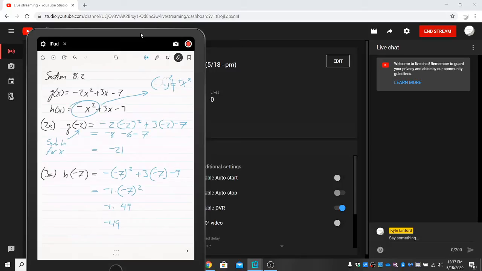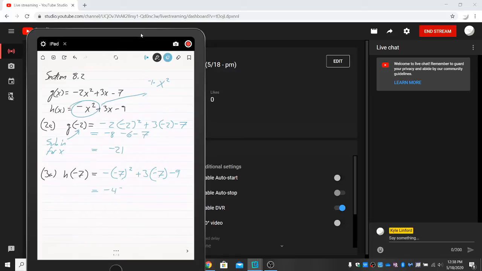What this -x is really saying is to take whatever x is, square it first, and then multiply it by -1. Okay? So that's what we're doing right here. We took what x was, it was -7, and I squared it to get the 49. Once I got that, I multiplied it by -1 to get the -49. So that's my very first term, I should say.